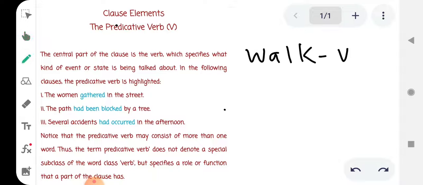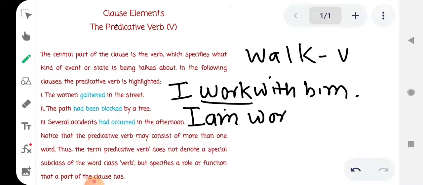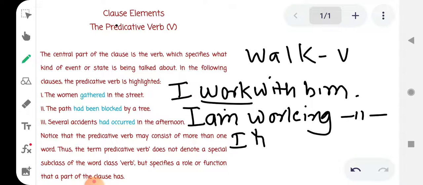Okay, if I write a sentence like this, I work with him. This is a single word, work. This is a verb. If I further write like this, I am working with him. I have been working with him.